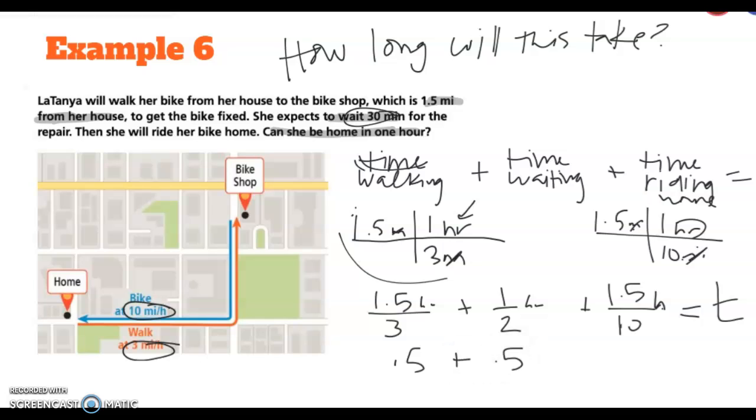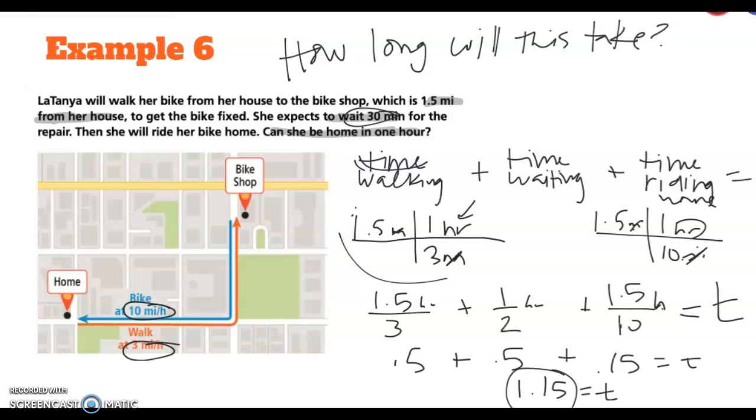And then 1.5 divided by 10 gives me 0.15 equals t. So I add those all up, and that should be 1.15 equals t. So 1.15 is more than an hour.